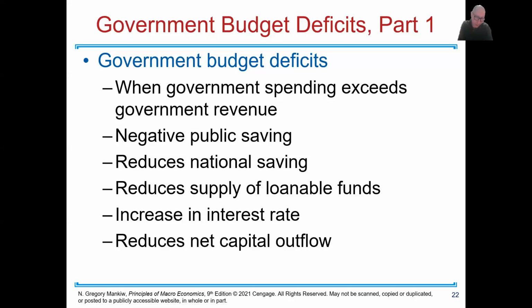Higher interest rates oftentimes lead to collection of a little bit more revenue for the government. This also reduces the net capital outflow. So you can see that government budget deficits are a bad thing, for the most part.